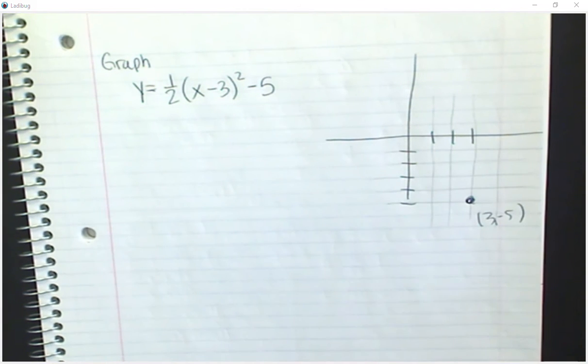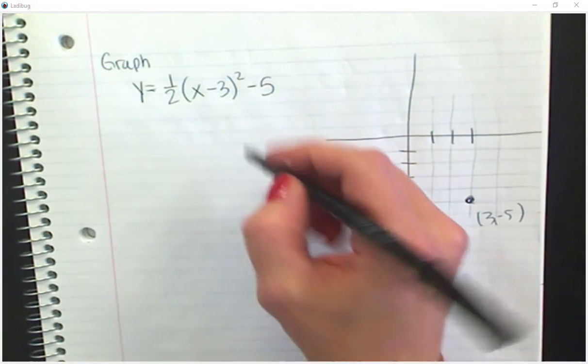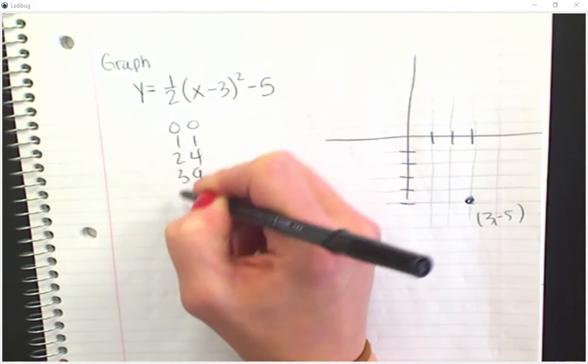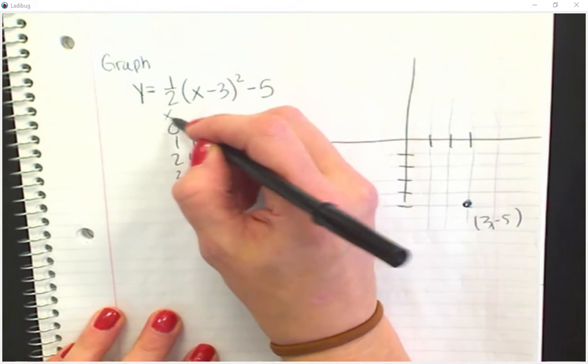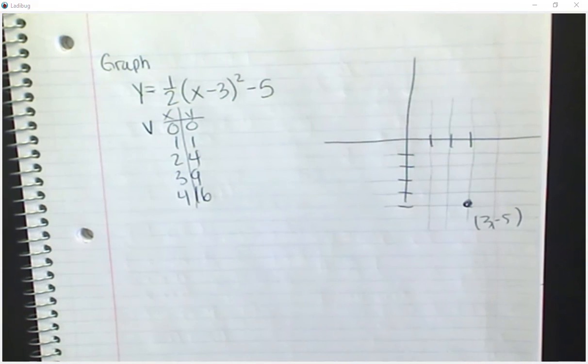There's my grid. How do I do a half? Well, I know that my count values are perfect squares. And this is the x and this is the y. This is the vertex.